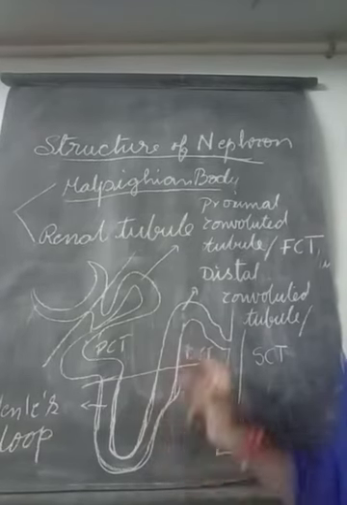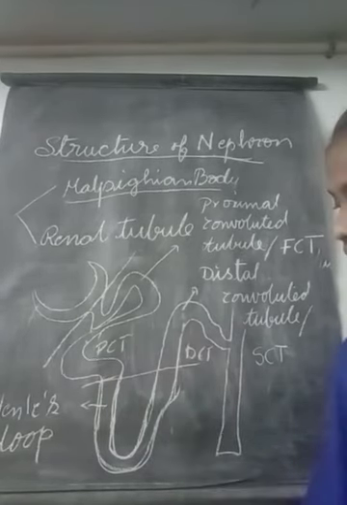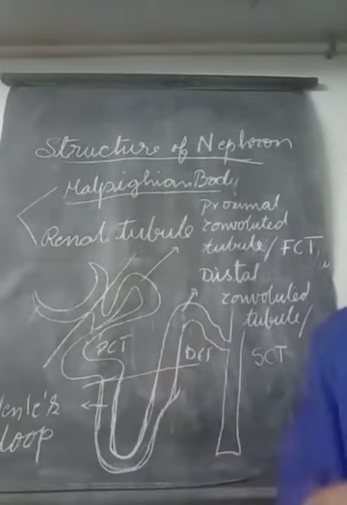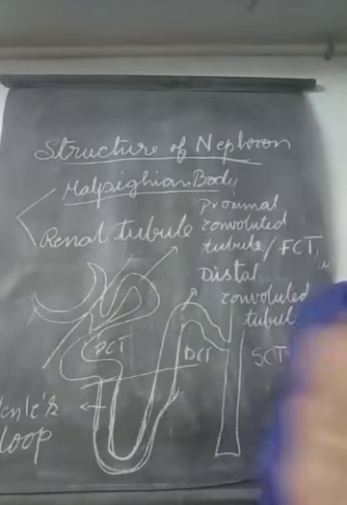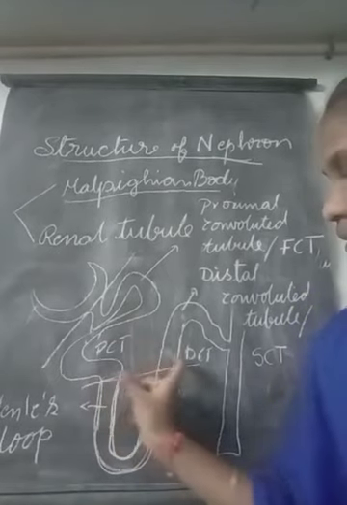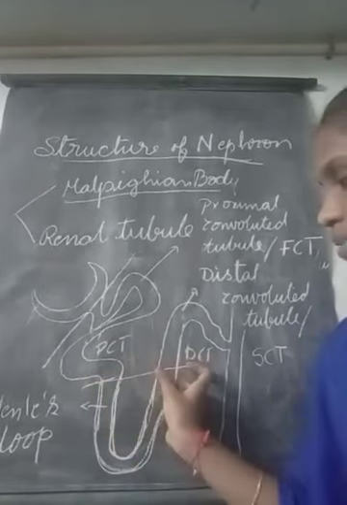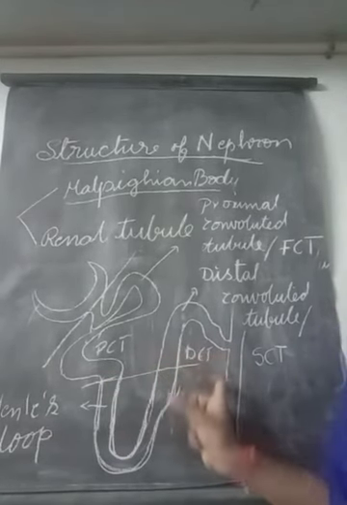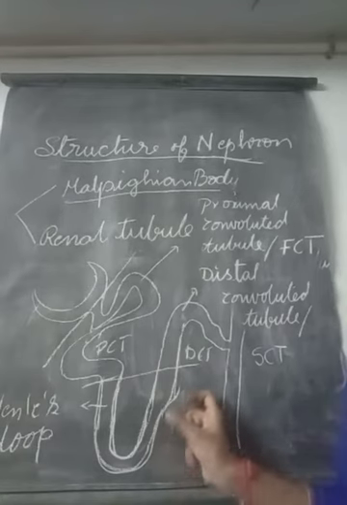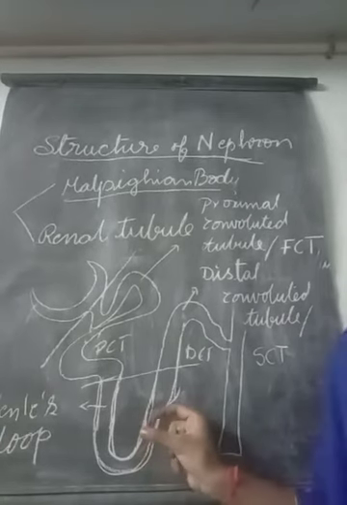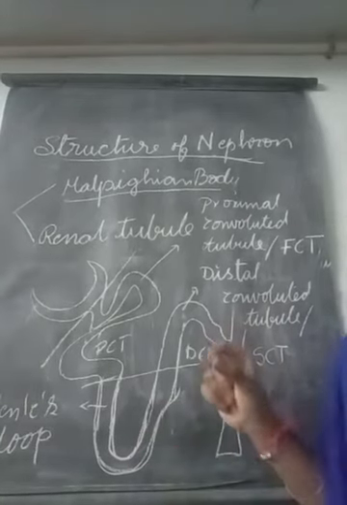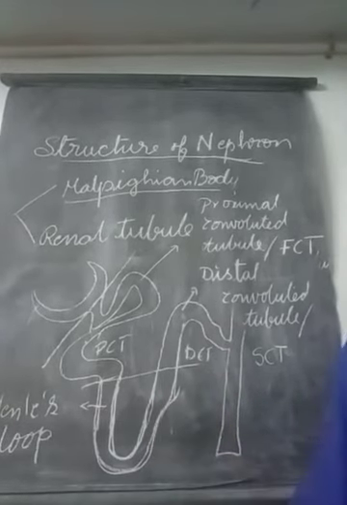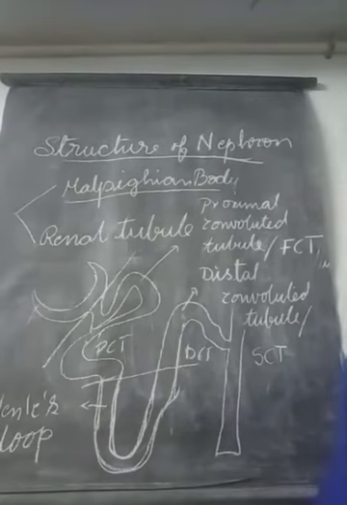Did you observe that point? These two are broad compared to the diameter, but if you see the Henle's loop, the tube is very narrow. Narrow means thin.